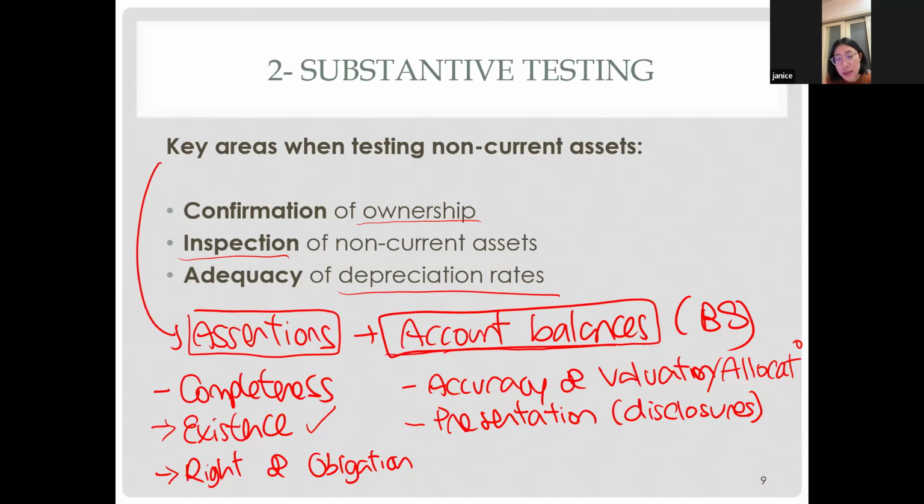Rights and obligation means if the asset here belongs to our client or not. Rights and obligation is actually the question of ownership. This item belongs to us. And if it's an obligation, do we have this responsibility to pay off this liability? So do we have the rights to the assets? And do we have the obligation to pay for the liability?